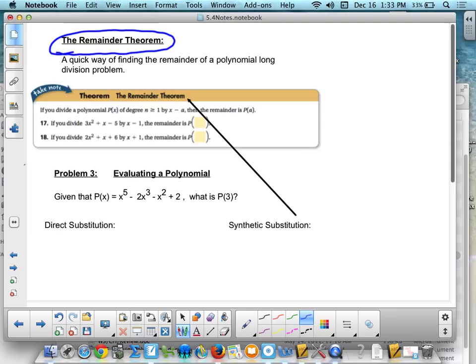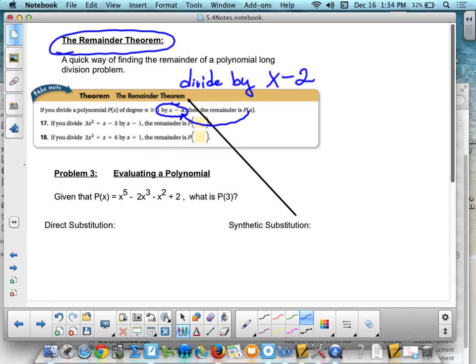If you divide a polynomial by x minus a, then the remainder is found by taking the polynomial p and evaluating it at a.